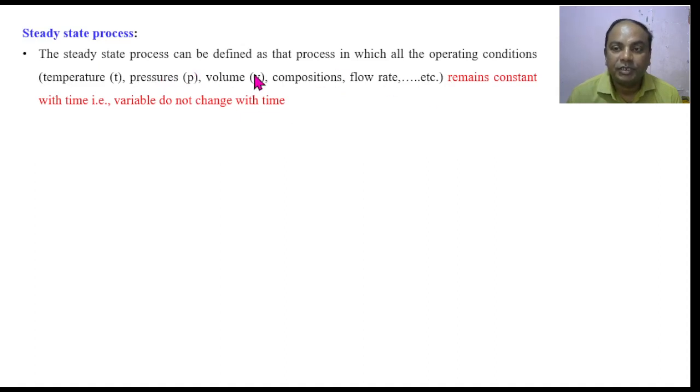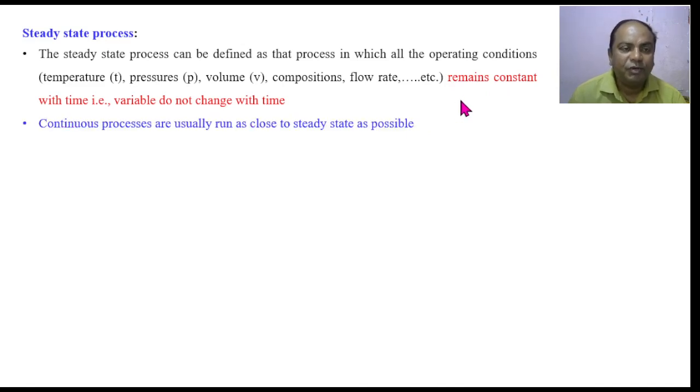During the process, all the operating conditions remain constant, and therefore we can say that when these process variables do not change with time, the steady state could be a continuous process.